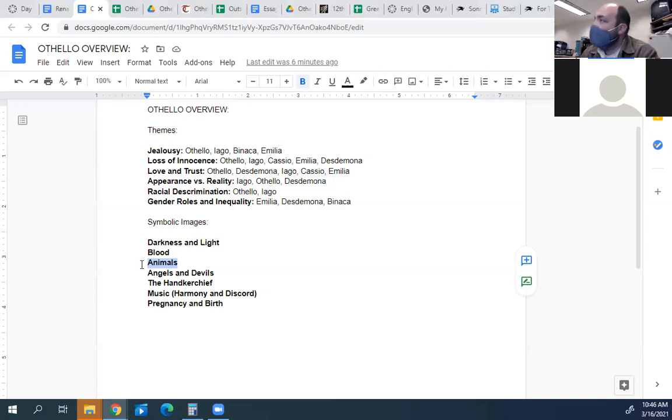And when you actually look at the animals that he chooses to compare other characters to, it actually is pretty revealing about that character's personality. You can learn a lot about a character and their personality from the animals that Iago is using to compare them to. But he also uses animals to talk about things that you couldn't talk about on stage involving people. So he's constantly using animals for sexual innuendo.